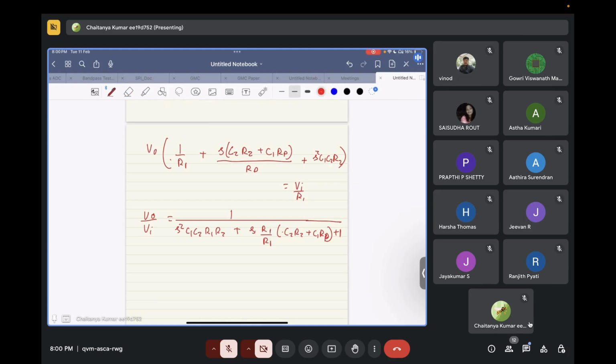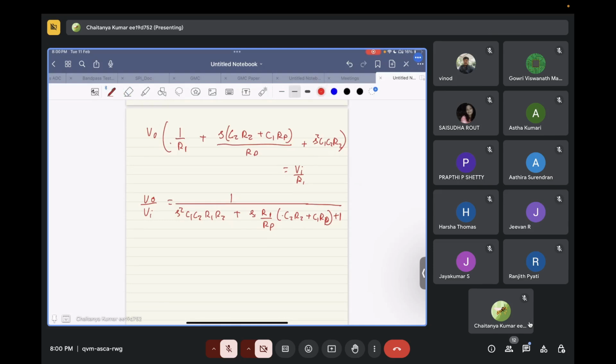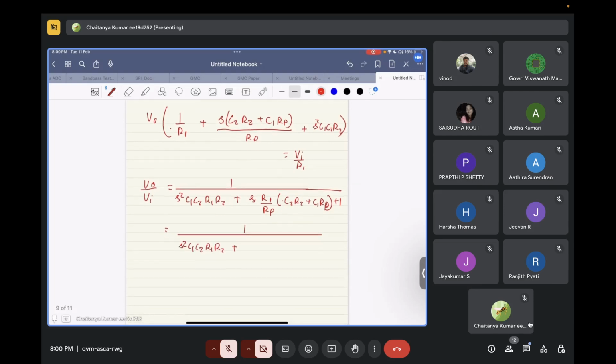We have R1 over here and RP over here. So what we get from this is s squared C1C2R1R2 plus s times C2 times R1R2, and what is 1 by RP? 1 by RP is basically 1 by R1 plus 1 by R2, right?